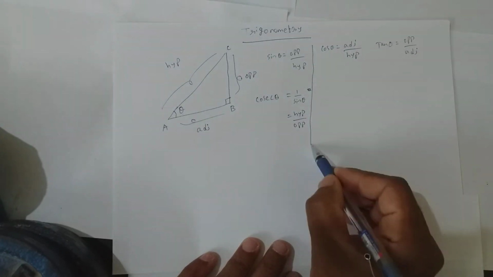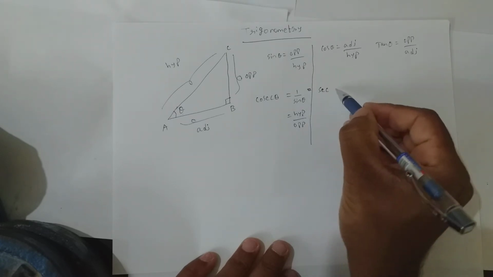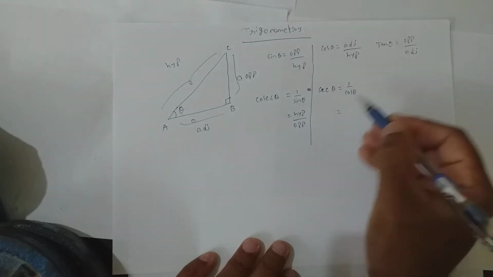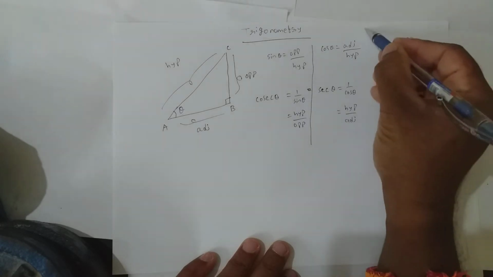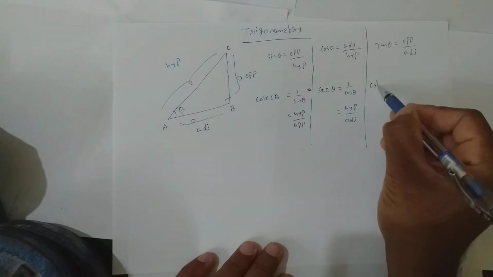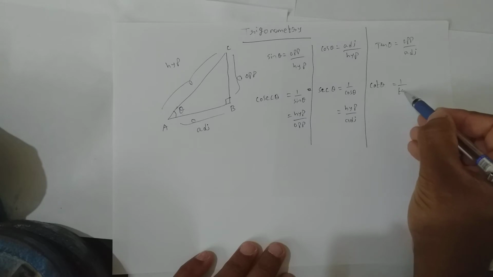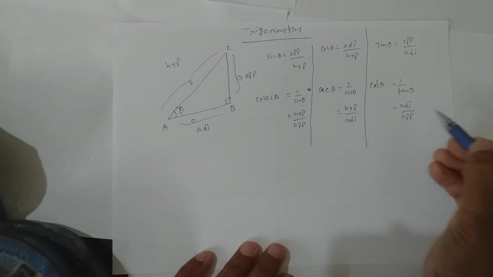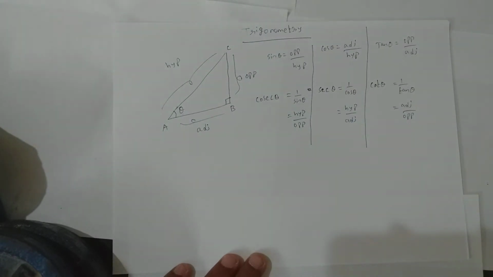In the same way, secant theta, or in short sec theta, is the reciprocal of cos theta, which is hypotenuse by adjacent. Same way there is also a reciprocal for tan theta, which is called cot. Cot theta is the reciprocal of tan theta, 1 by tan theta, which is adjacent by opposite. These three are new in A level, which you should be aware of.